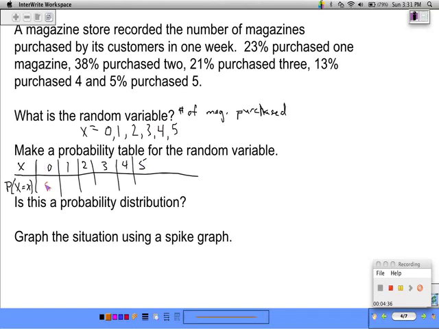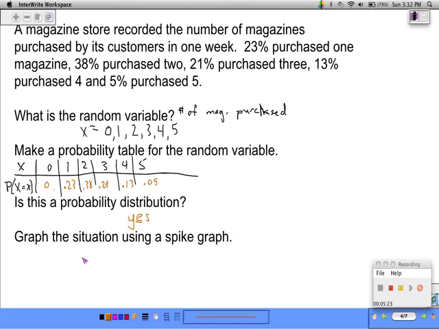We don't have anybody that bought 0 magazines. 23% bought 1 magazine, 38% bought 2, 21% bought 3, 13% bought 4, and 5% bought 5. Is this a probability distribution? What we have to look at is whether or not these probabilities add up to 1. And if we add them, they do all add up to 1, so this is a probability distribution.